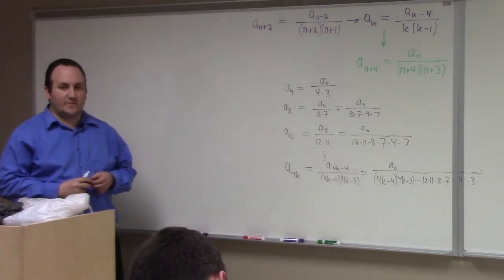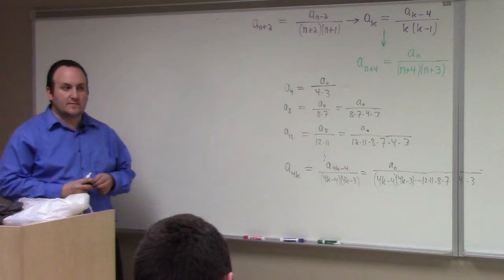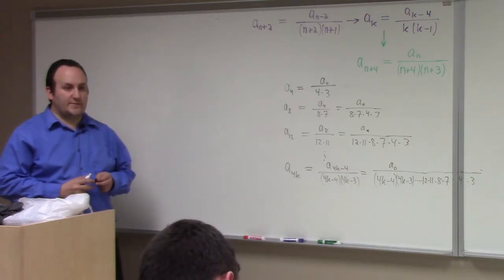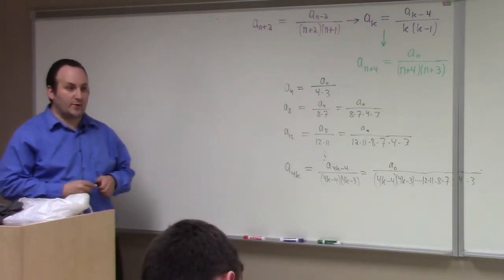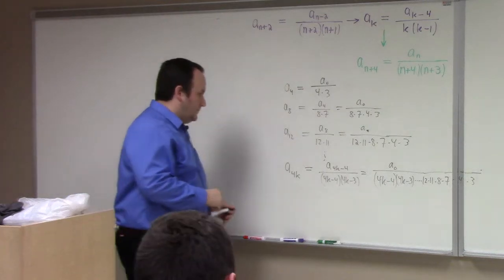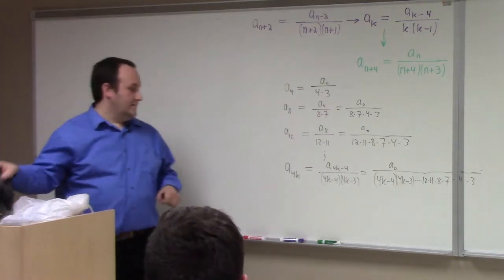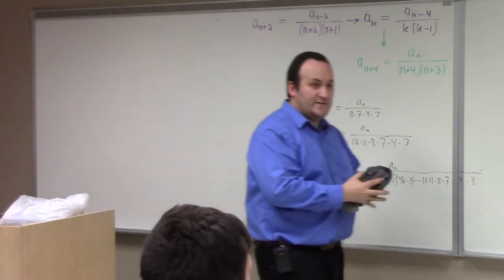You could clean that up further by gathering even powers. All right, I'm a little short on time, so I won't do that. But this could be cleaned up a little bit more. How about 5? What's a sub 5 equal to?